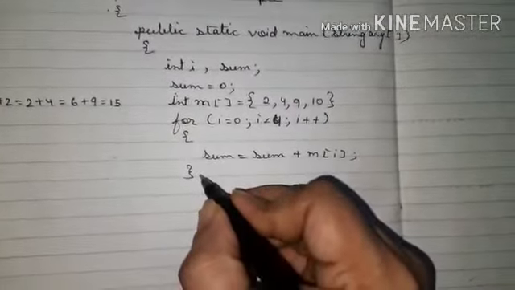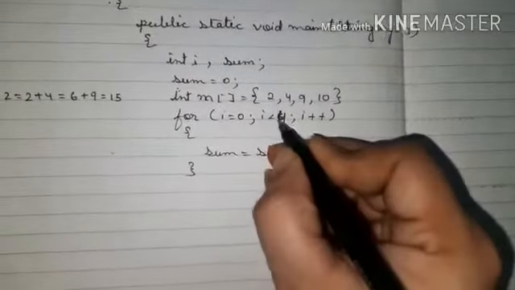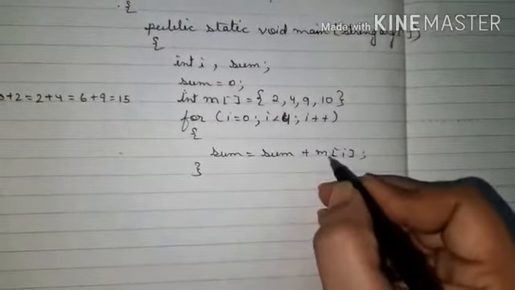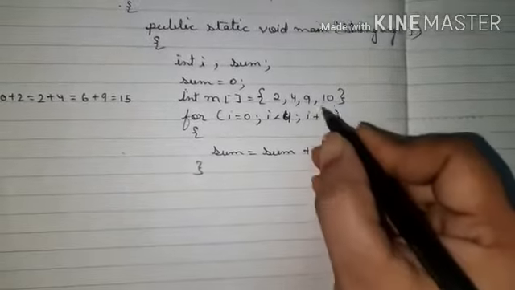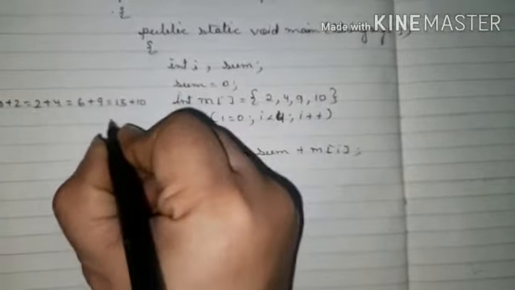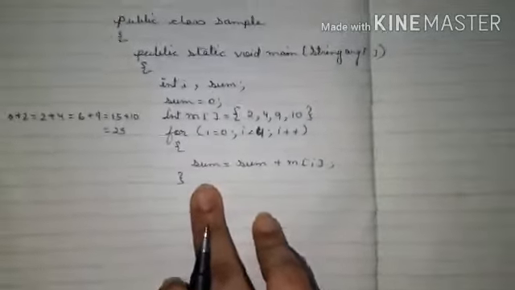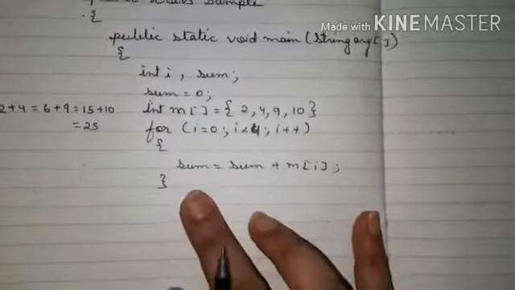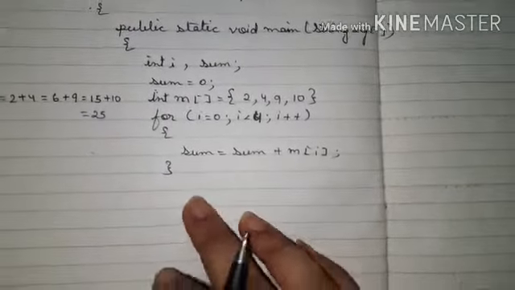Now i changes to 3. 3 is less than 4, and in the 3 position it is 10, so plus 10 it became 25. My sum is 25.